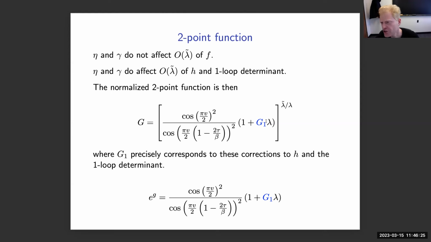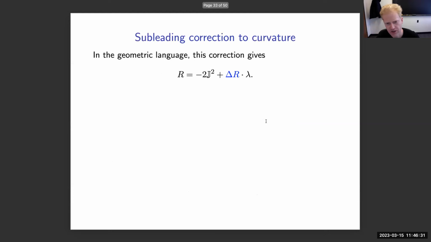So we calculated this G1. I will write it in a different form, in the geometric representation. In this geometric language, recall that we considered the Ricci scalar, which is the curvature, and at leading order it was just a constant. This was just AdS. Now we see that there is a small lambda correction to this result, and we'll denote the coefficient by delta R. So this is a small correction to the Ricci scalar in this two-dimensional geometry.